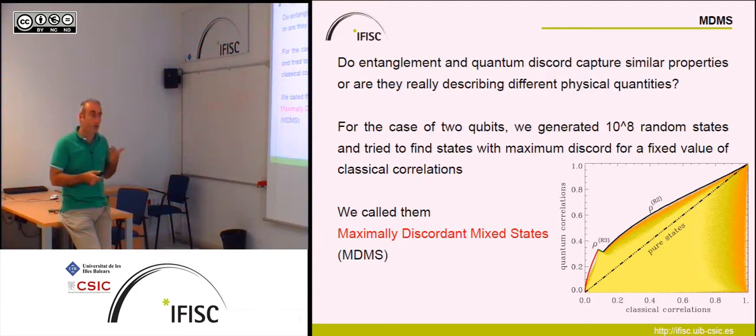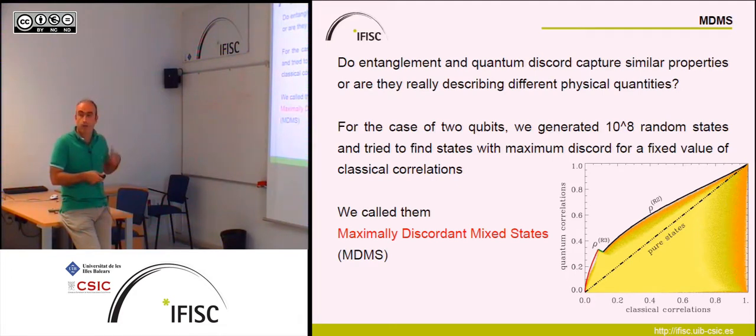The main question we addressed was which family of states maximizes discord, is more quantum, for a fixed value of the classical part of the correlation, or equivalently, the total correlation of the system. And we call these extreme states maximally discordant mixed states, and we found an analytical formula for describing them.